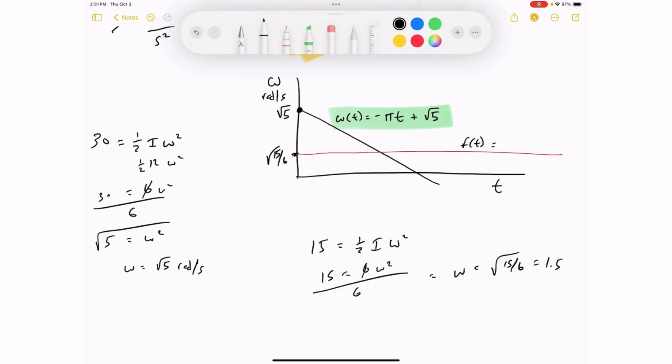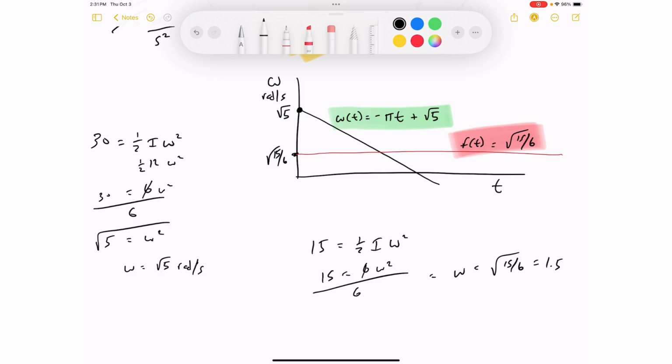F times t is equal to square root of 15 divided by 6. So I have two functions: I'll call one w of t, and this other thing f of t. What I can do is set these two equations equal to each other, so I can set w of t equal to f of t.